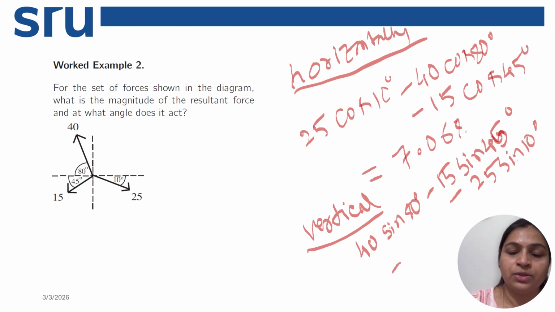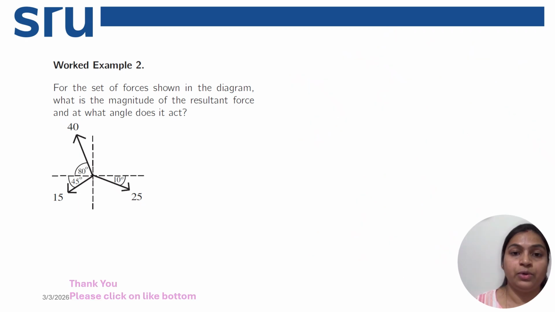If we solve this, we can find 24.445. So this is our total horizontal component and this is the vertical component. So we can find the resultant force magnitude.